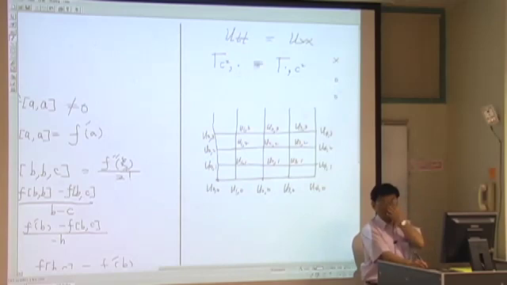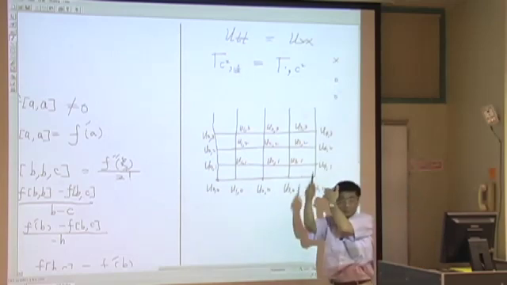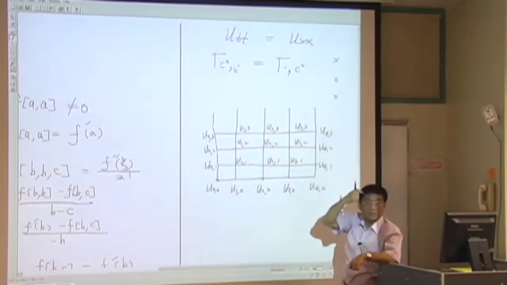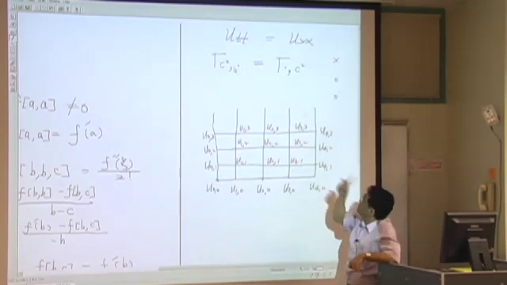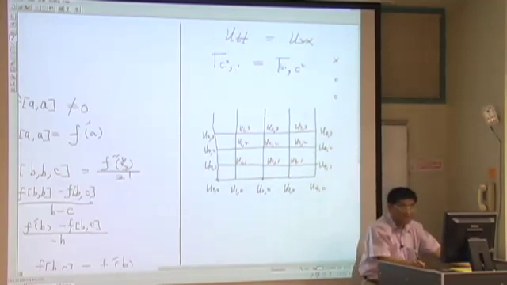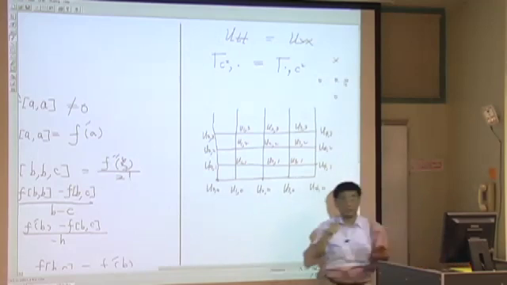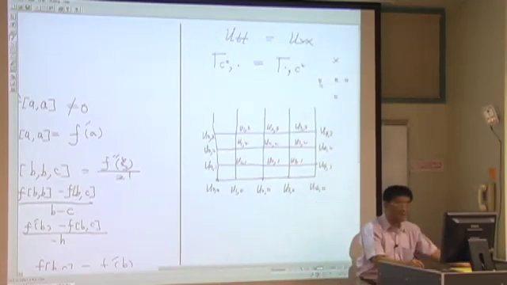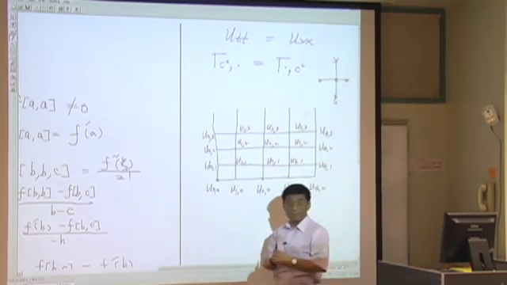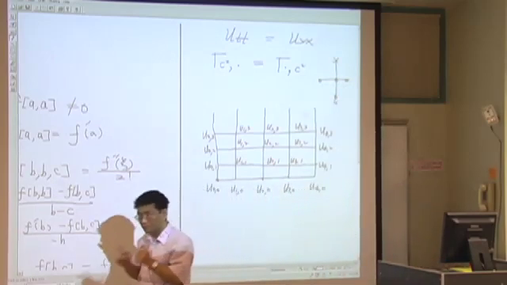Because of this vertical or time directional central differences, we need 3 points. Central differences require 3 numbers in the stencil. And this direction requires 1, 2, 3, right? So we have this kind of stencil. In other words, to determine this thing, we should know this one and this one. So what is the problem? What row is the problem?